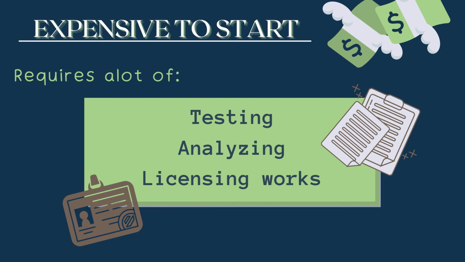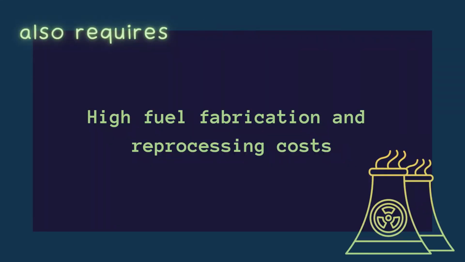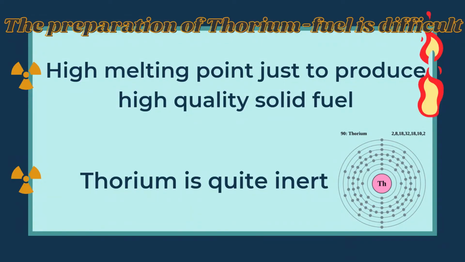Other than that, thorium as a fuel will also cause the cost of fuel fabrication and reprocessing to increase compared to a normal fuel. Besides the obviously risky investment, the preparation of thorium fuel is also very difficult. In order to produce a high quality solid fuel, extreme heat is needed to reach the high melting point of thorium dioxide.